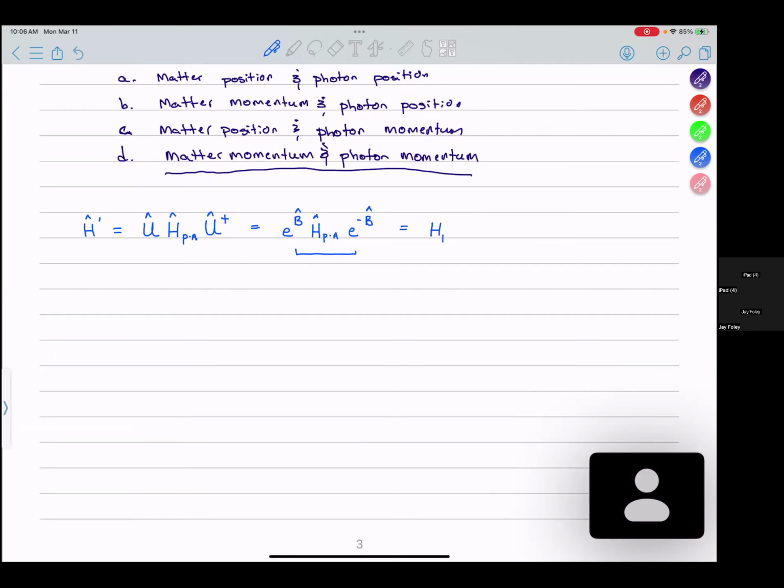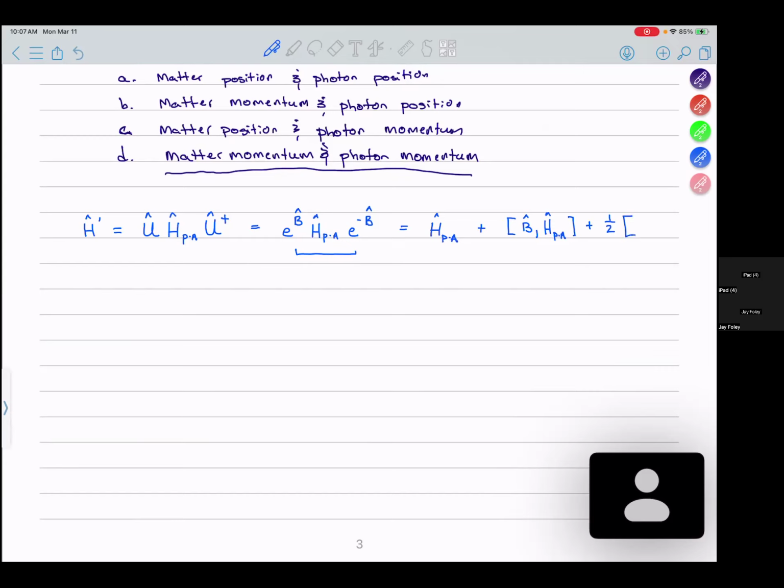So first term, so there's a whole expansion, right? And the first term is just the operator sandwiched in this product. So P dot A. Okay. Second term is the commutator of our anti-Hermitian operator, B hat, with the thing being transformed, P dot A. Third term is this crazy nested commutator.